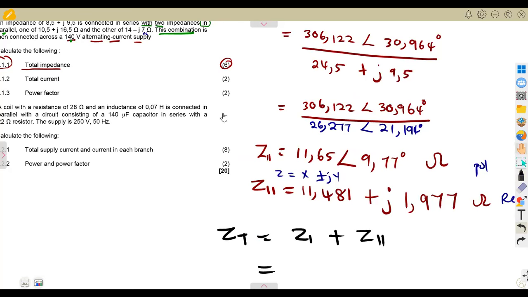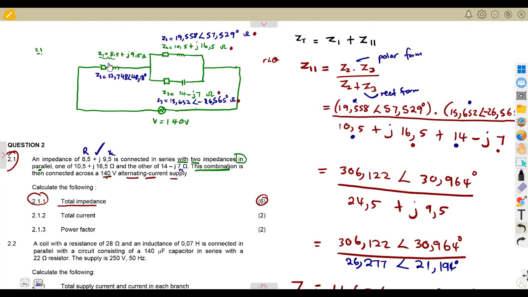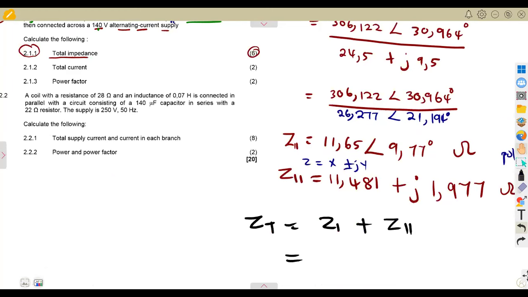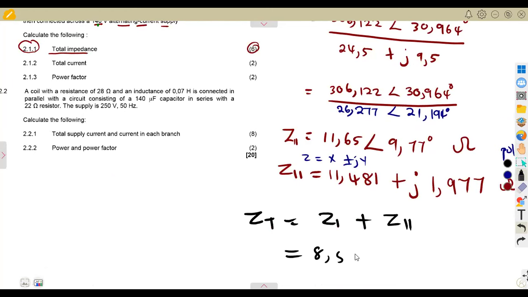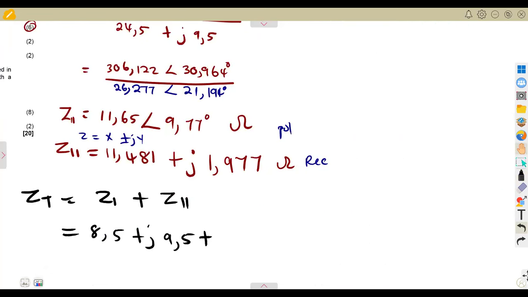That's Z1 in rectangular form, it is best addition in rectangular form, 8.5 plus J 9.5. Plus Z parallel, already in rectangular form, we converted this. That's 11.481 plus J 1.977.